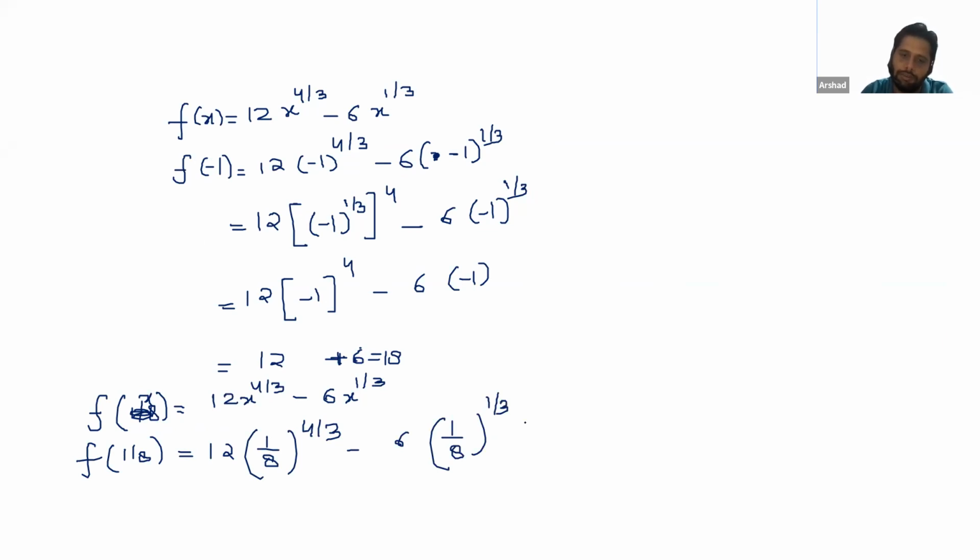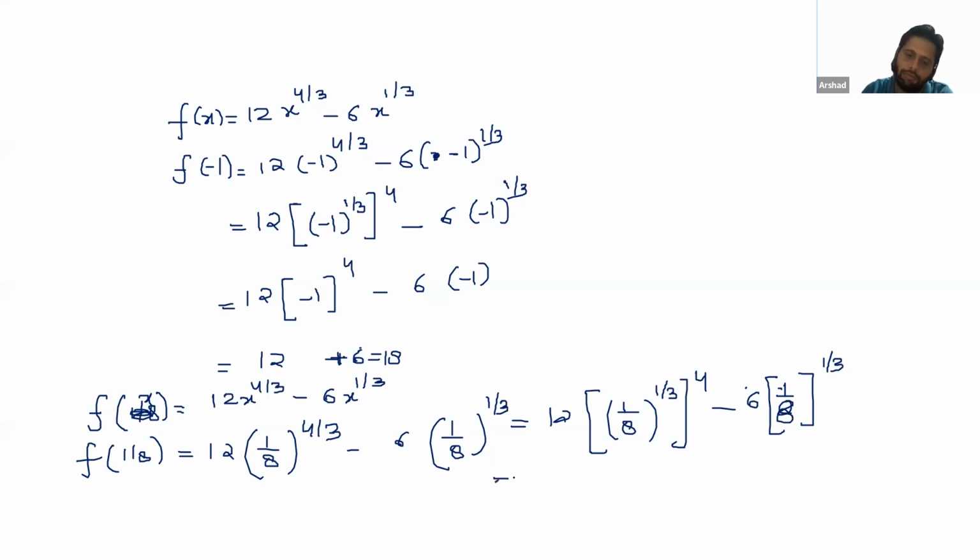Write it like this: 12 into ((1 by 8) to the power 1 by 3) to the power 4, minus 6 into (1 by 8) to the power 1 by 3. This is equal to 12 into (1 by 2) to the power 4 minus 6 into 1 by 2. So this is equal to 12 into 1 by 16 minus 3.